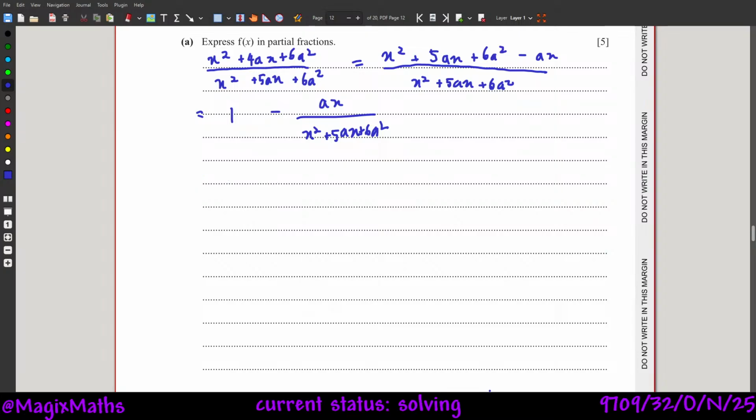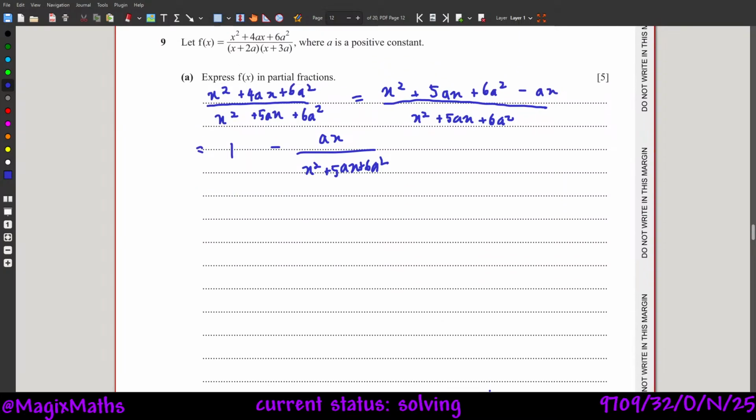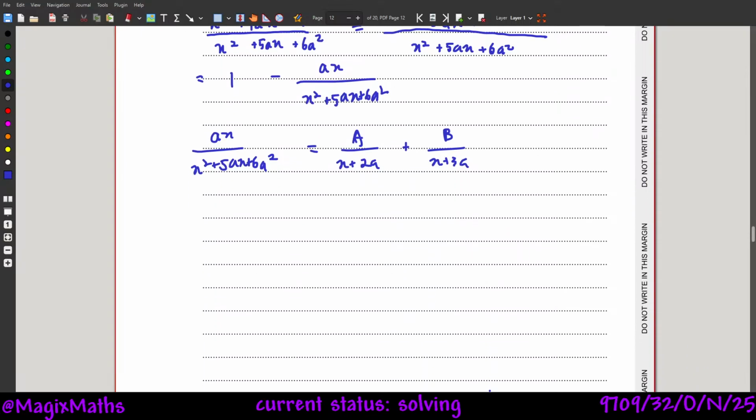Now we're going to do partial fractions for this one. So ax over the denominator is equal to A over x plus 2a plus B over x plus 3a. Right. Then we have ax equals A times x plus 3a plus B times x plus 2a.